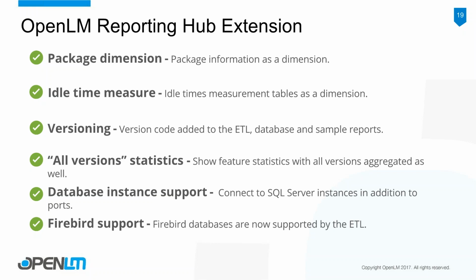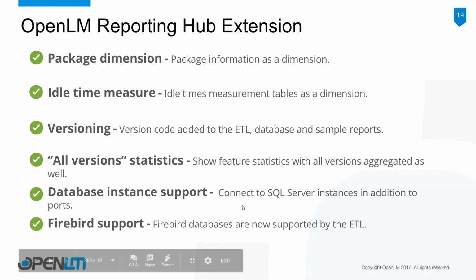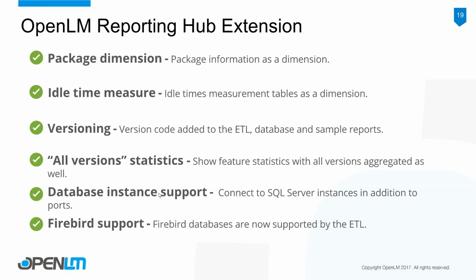You can either aggregate them all together and select all versions like the Easy Admin has, or you can just select the versioned kind of the feature and show them separately. So it gives you a lot of flexibility here. We've also added SQL Server instance support and also added Firebird support. So the ETL is able to connect in both these cases now.